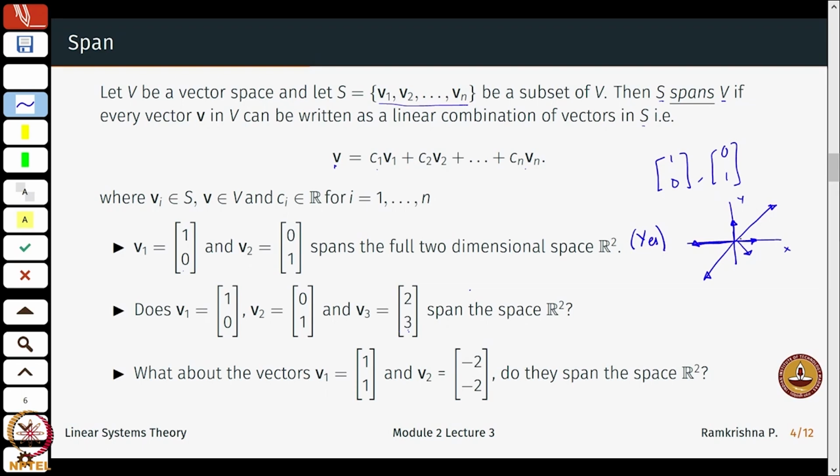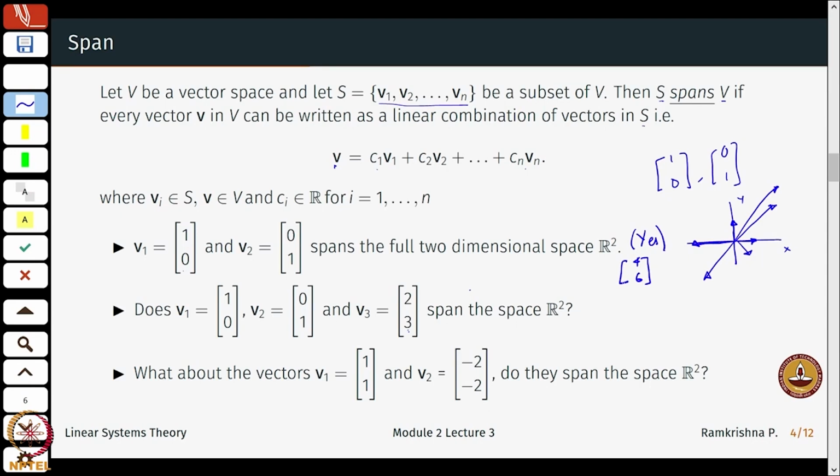Well, I can simply draw this, as usual (1, 0), this is (0, 1), and (2, 3) might be somewhere here. Can I write any vector in R2 as a linear combination of these? Let me look at (4, 6).